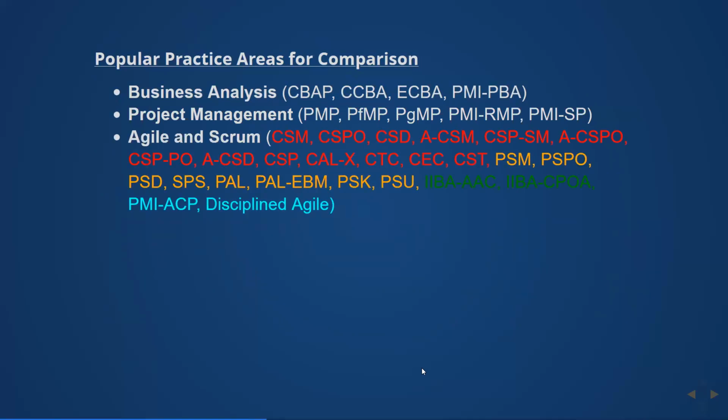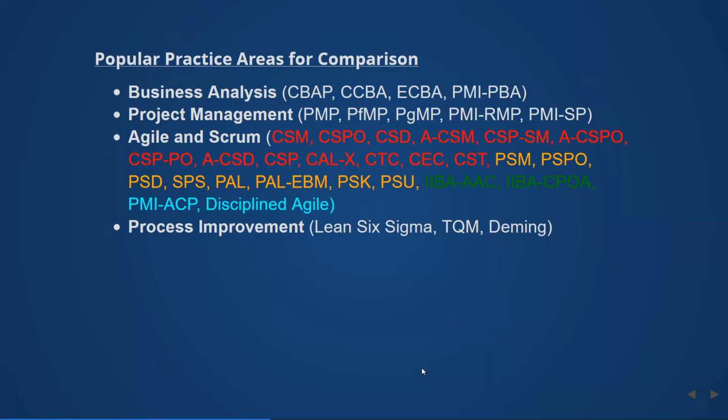Then Agile and Scrum, there are at least 4 and probably a lot more organizations that support a whole pile. It's almost embarrassing dealing with Agile and Scrum. I think it's overkill.